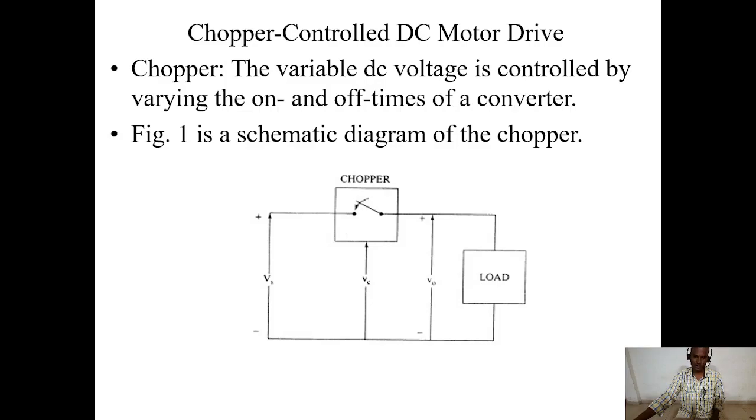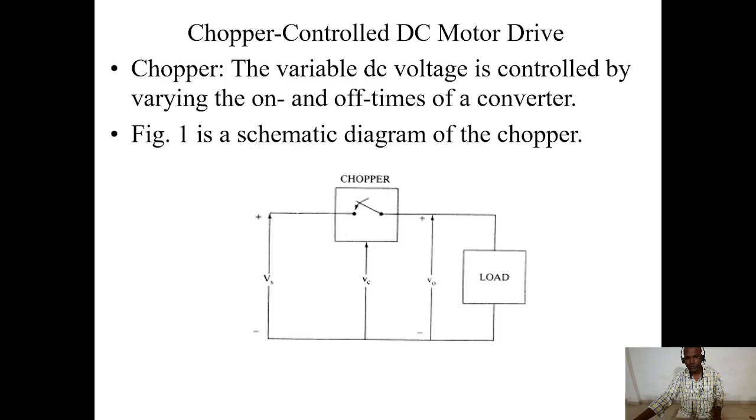In this conversion of fixed voltage into variable voltage, we need to chop the input voltage by varying different on and off times. This chopping frequency or chopping method, with different on and off sequences, can be performed by a converter, which we can simply call a chopper.